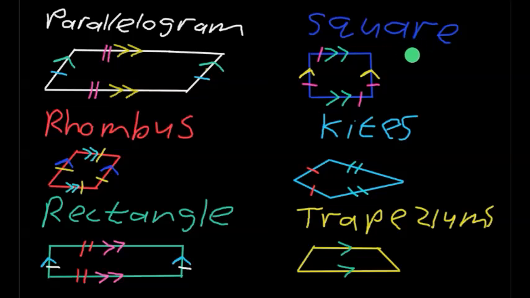Now next we study the square. The square, once again, is similar to the parallelogram, the rhombus and the rectangle in the respect that 2 pairs of sides run parallel to each other.